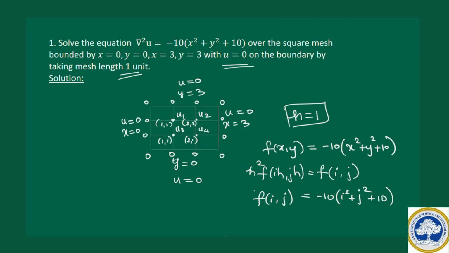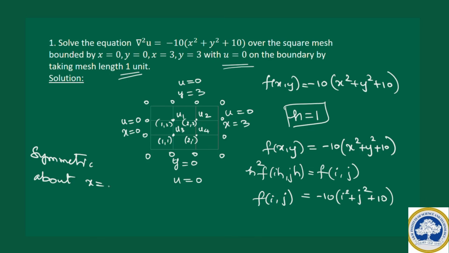Similarly we can calculate these values from f of i comma j. Moreover, if you notice, the function f of x comma y is equal to minus 10 into x square plus y square plus 10 is symmetric about the line x equal to y. Why is it symmetric about the line x equal to y?